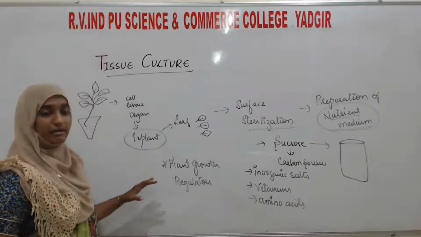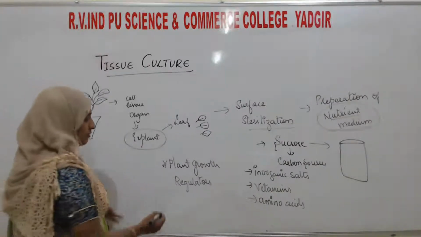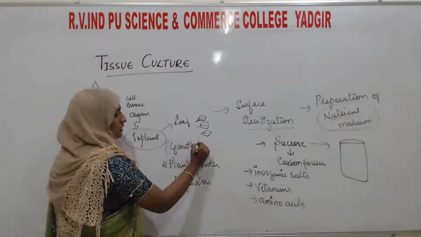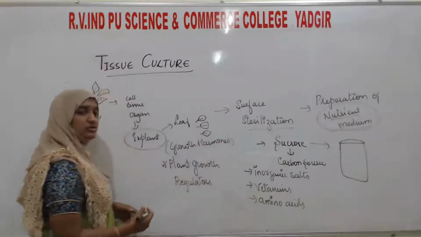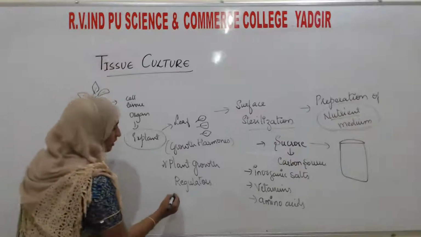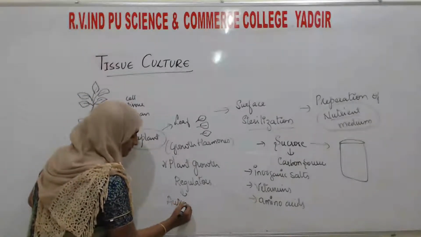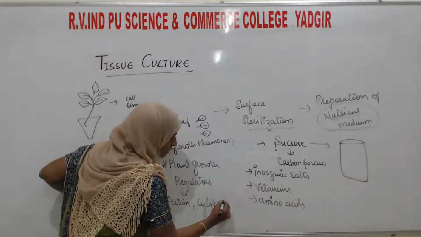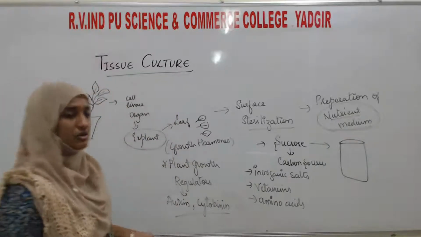We can also say them as plant hormones, growth hormones. Which hormones are they going to add in the nutrient medium? That is auxin and cytokinin. These two hormones they are going to add.